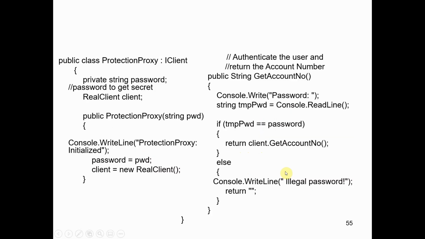So from here you will see that the concept behind the proxy is you have this if statement. This if statement is for the proxy to make a decision, either forward the request or deny the request.